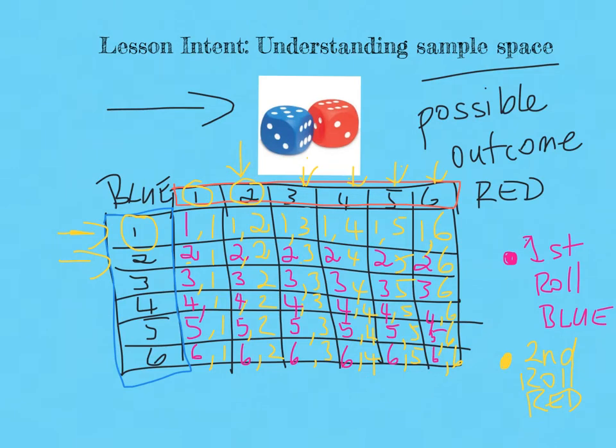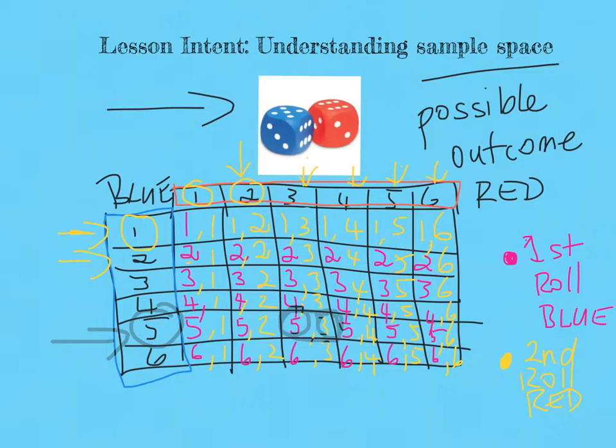So coming back to, let's do a highlighter this time. What I'm saying here is that we could roll a 5. Say we roll a 5 the first time. What this number here, for example, means is that the first one, the blue die, is a 5, and the second one, which is the red, is the 3.